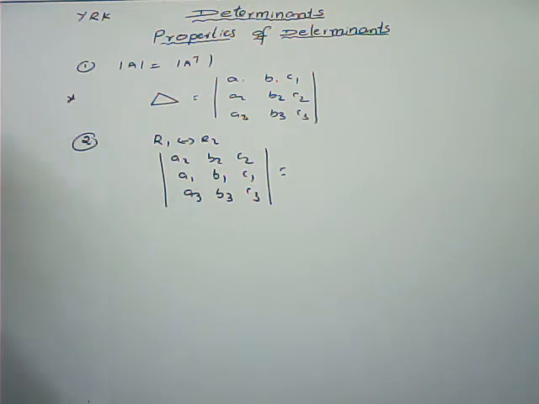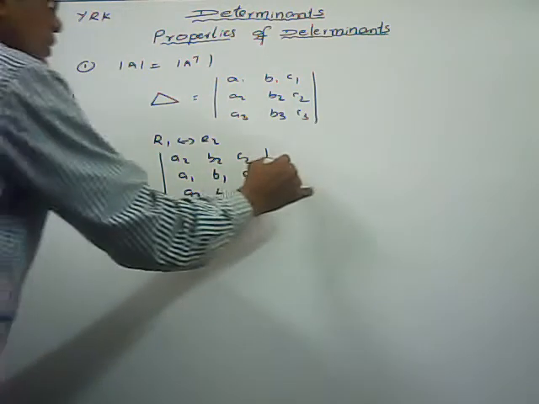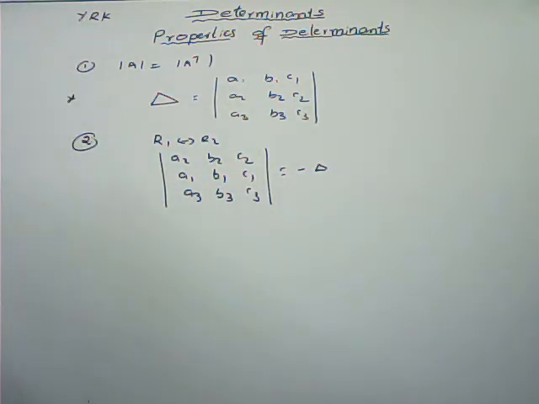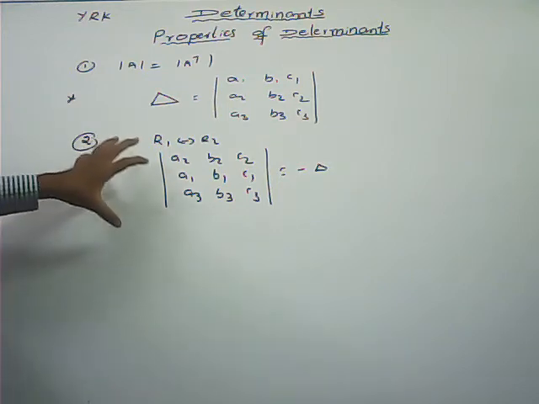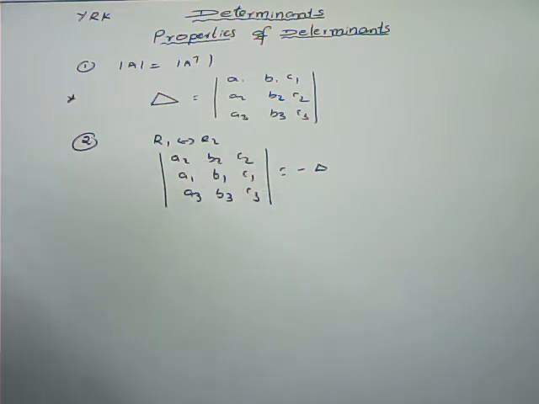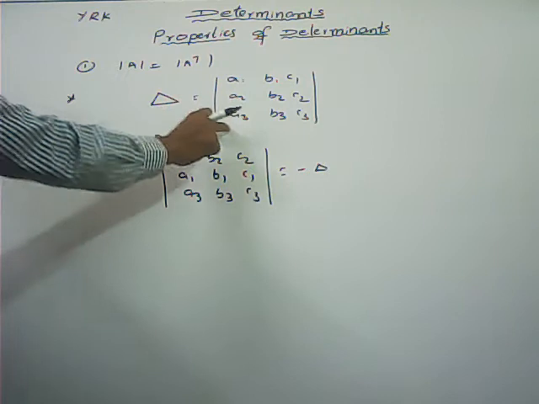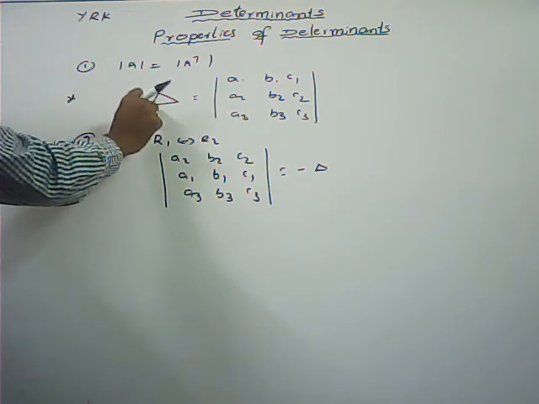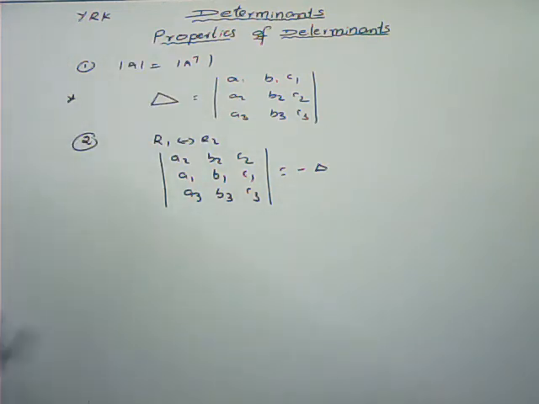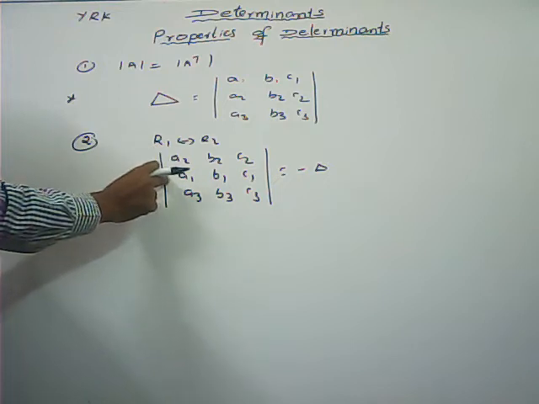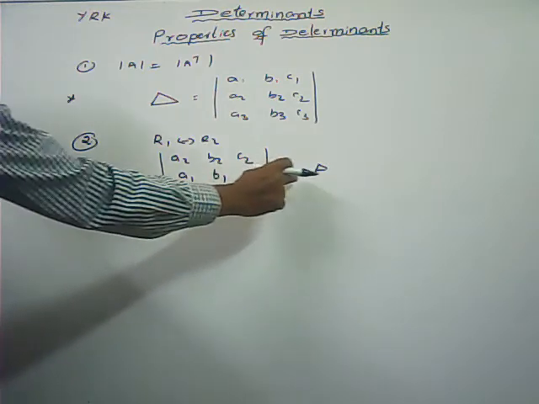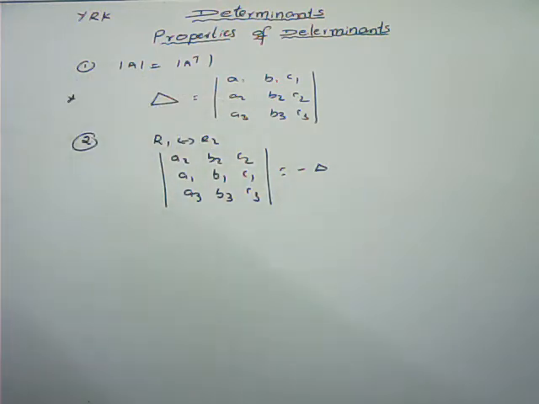Its determinant is equal to minus times the value of the original determinant. If any two rows or any two columns of a determinant are interchanged, then the value of the determinant is negative times the value of the original determinant. So whenever I interchange two rows, the value of its determinant is equal to minus times the value of the original determinant.